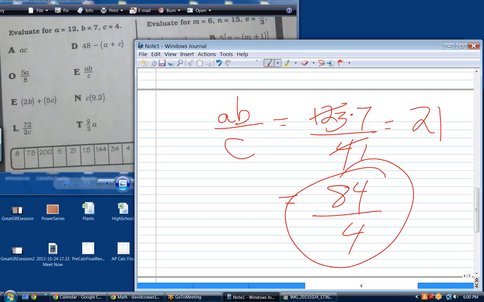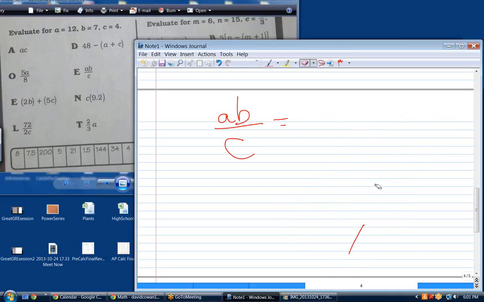By just dividing the bottom by 4 and the top by 4, I got my answer without any number greater than 12 being used. I think it would be worth your while to try to use these little shortcuts when you can. What is C times 9.2?